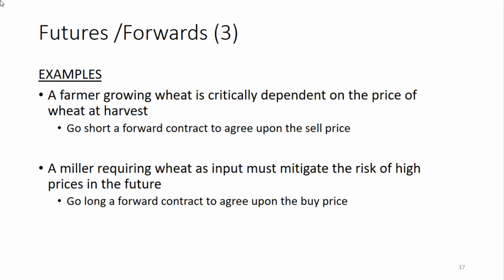So on the one hand, the risk has been mitigated. You are exactly clear in both examples on the price that will apply, either the price at which you will sell the good, or at which you will buy the good in the second example.